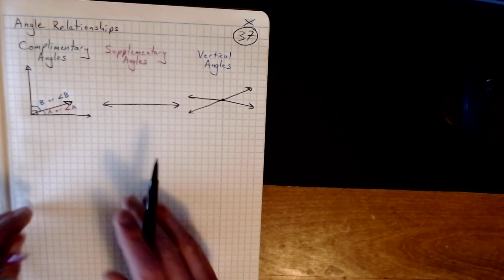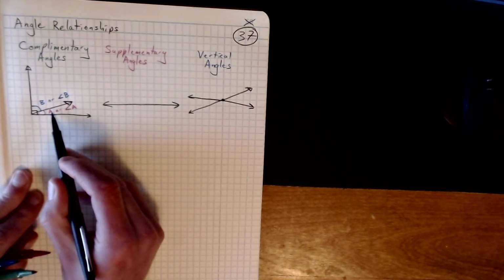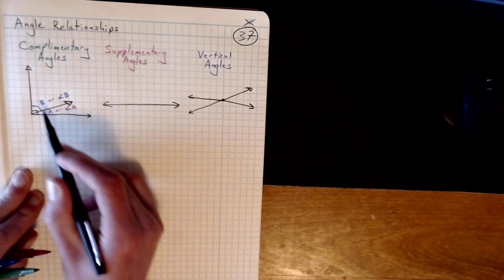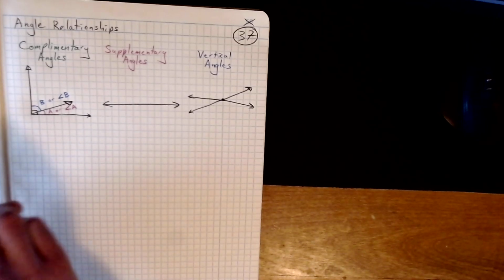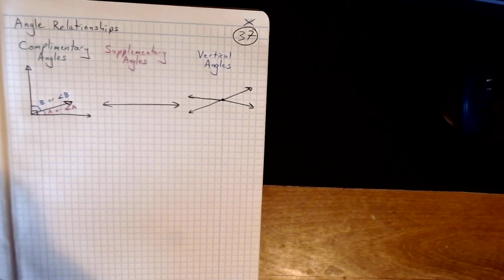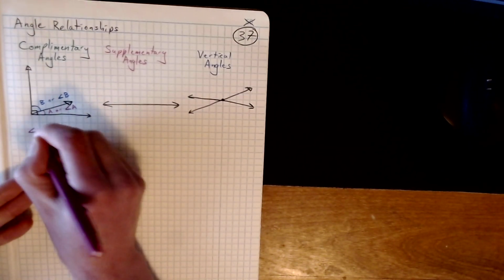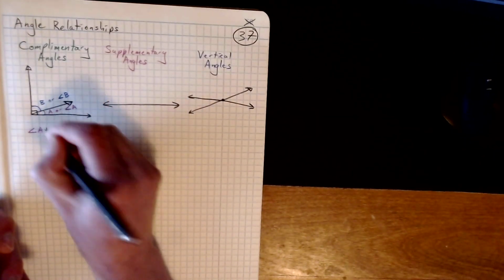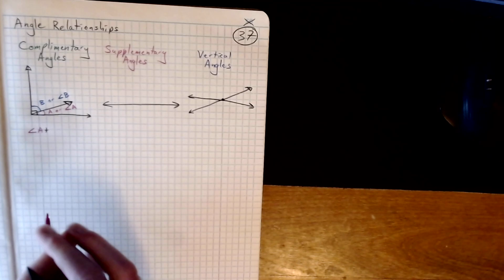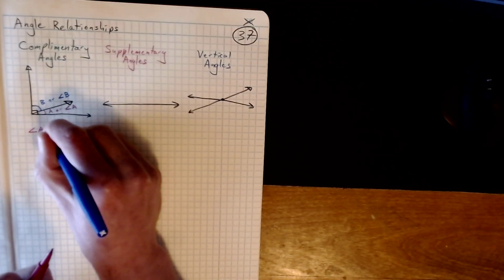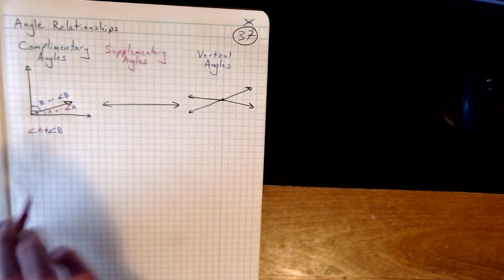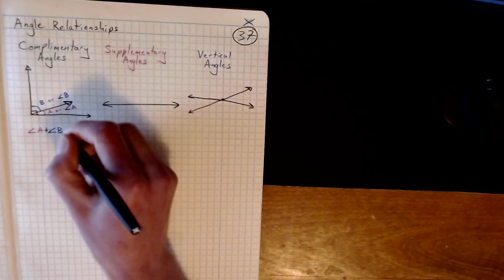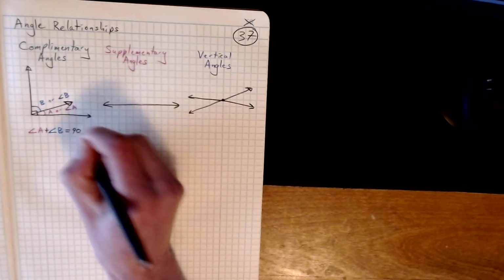So if I see something like this, I know that if I add this plus this, they're just going to add up to 90 degrees. Pretty simple. So I'm going to write that relationship really quick. We've got angle A plus angle B, and that's going to equal 90 degrees.